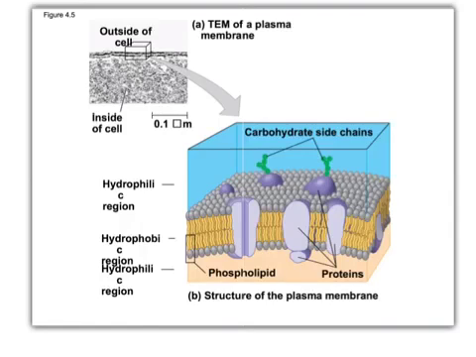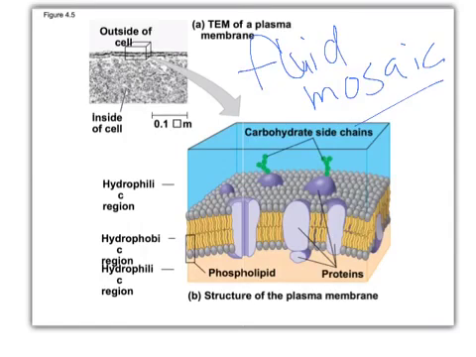This is the structure of the plasma membrane, which is called what? Have you heard this term before? Fluid mosaic model. Okay, you've never heard. How many of you heard that before?